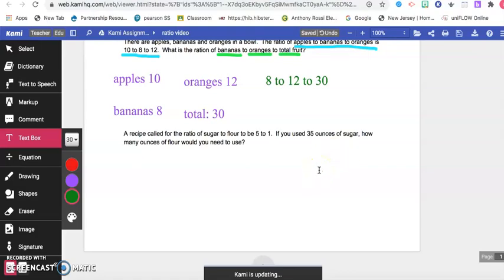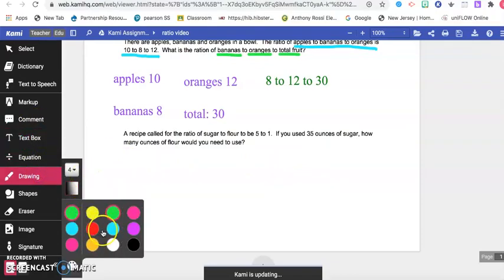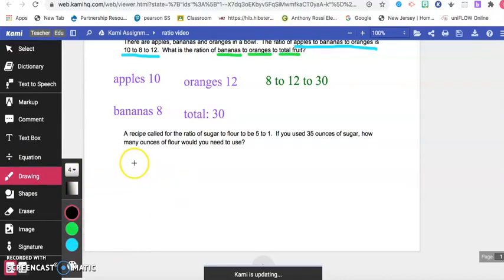The last ratio that I want to look at is a word problem where you're given a ratio and you have to find a missing number. So this one says a recipe called for the ratio of sugar to flour to be 5 to 1. If you used 35 ounces of sugar, how many ounces of flour would you need to use? So here, let's see if I can draw a little chart.